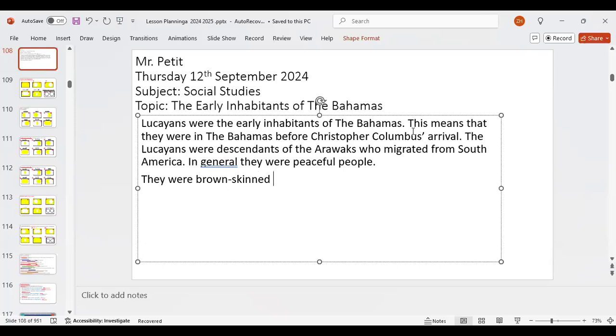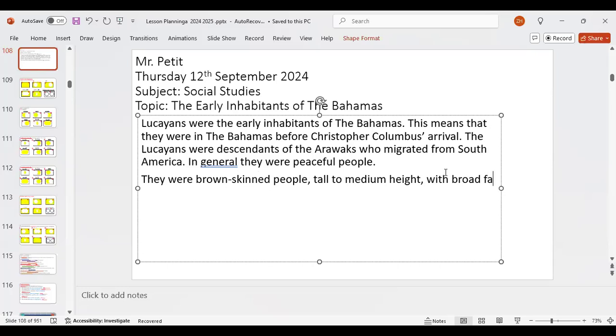Let's talk about their height. They were brown skinned people who were tall to medium height. Didn't they also have straight hair and a flat head? Now we're talking. Let's talk about their faces.